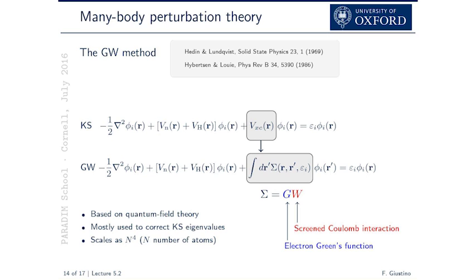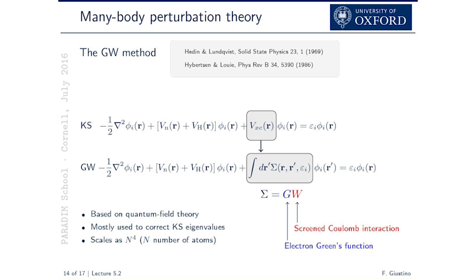So what you discover, if you start from quantum field theory and you look at the energetics and dynamics of electrons using Green's functions, okay, which are a mathematical tool to study the propagation of electrons in a solid, you end up magically with an equation which is not very different, and the main difference is that instead of having this object here, you have a slightly more complex function which depends on two electron variables and on an energy, okay?